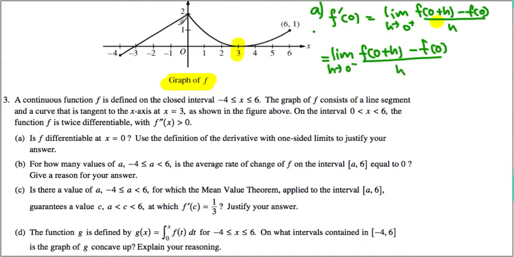We realize that this portion's slope happened to be 4 and then 3, so the two are not equal to each other, where this one is negative while this one is positive. Therefore, f prime of 0 does not exist. Okay.